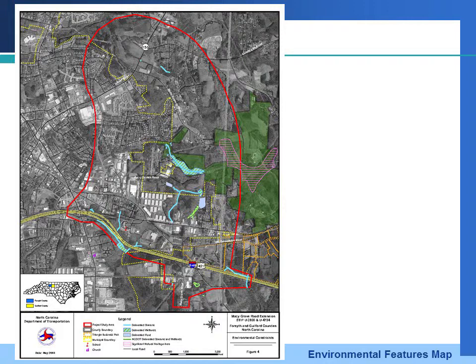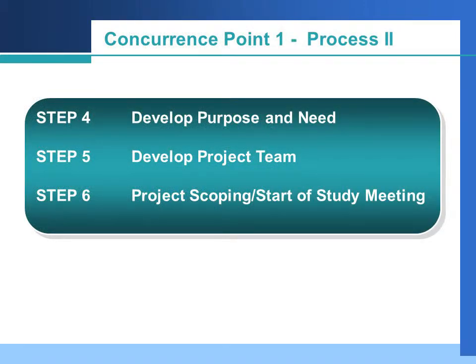Delineated streams from an adjacent NCDOT project are shown in light green. A significant natural heritage area is shown in pink hatching, and a large county park is shown with the dark green transparency.